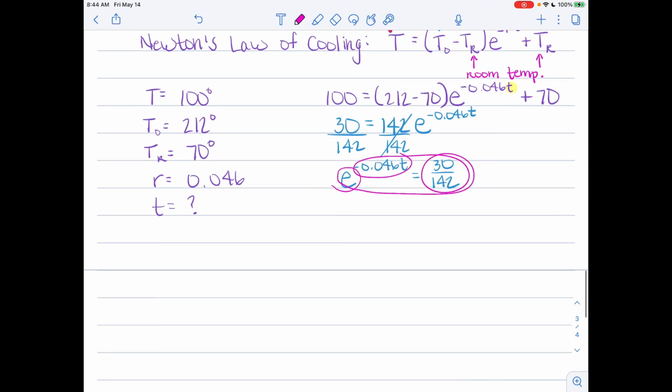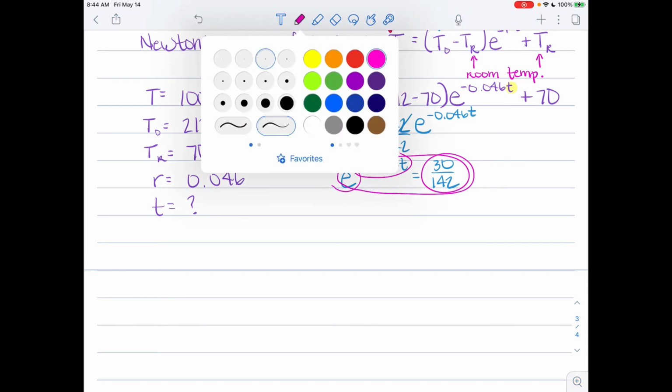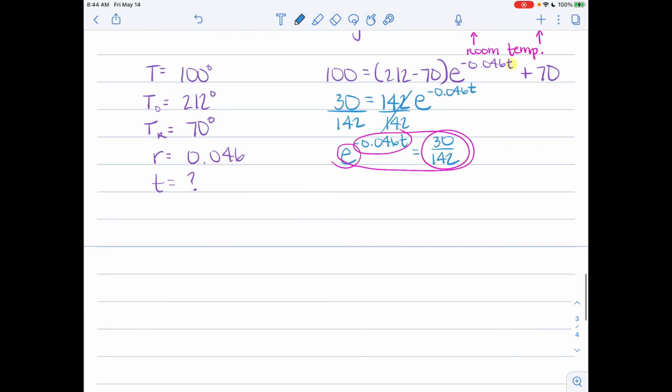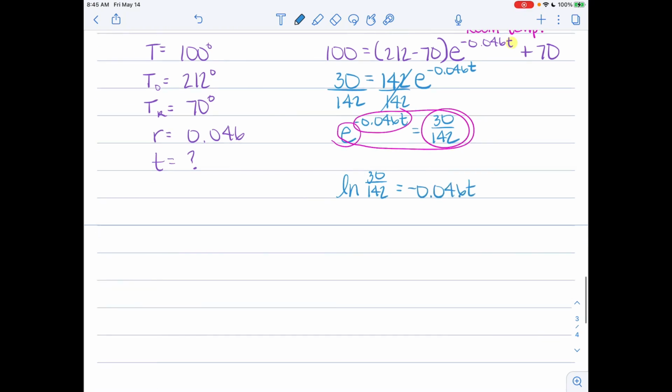Remember that if we have a base of e on our exponent, then that's going to be a natural log. Whenever we write the log, it's a log base e, but we write that as ln for natural log. So natural log of 30 over 142 is equal to negative 0.046t. And now we've almost got t isolated.